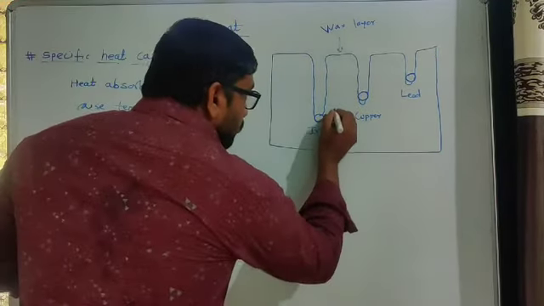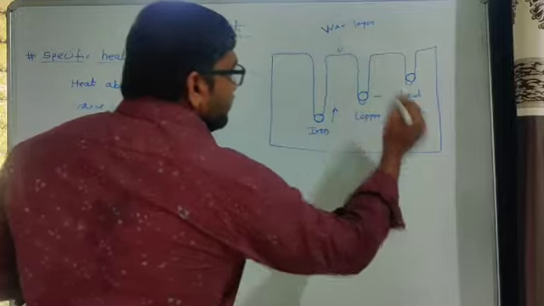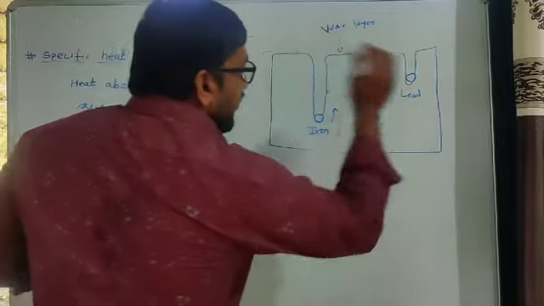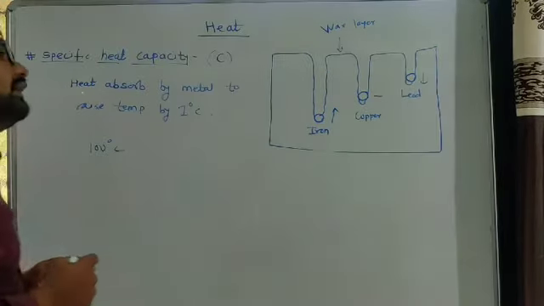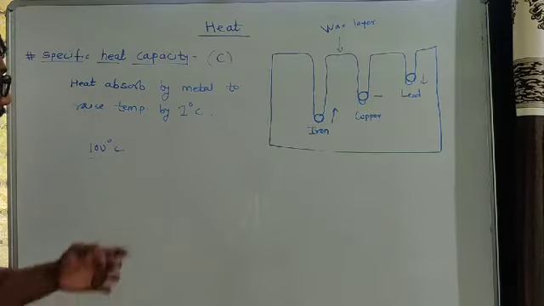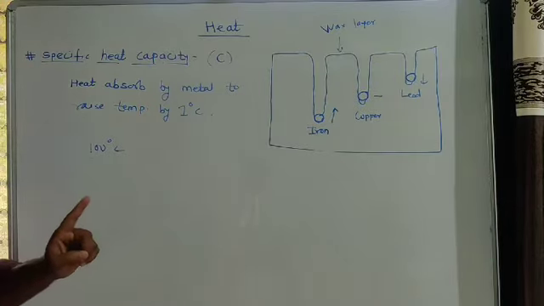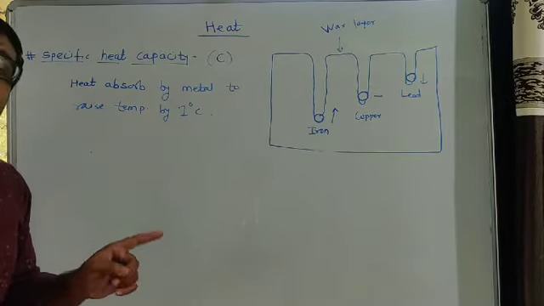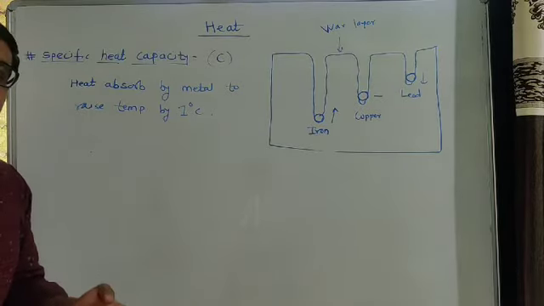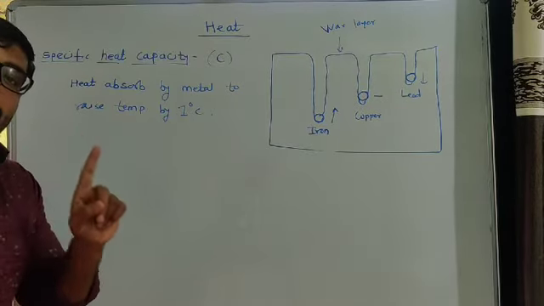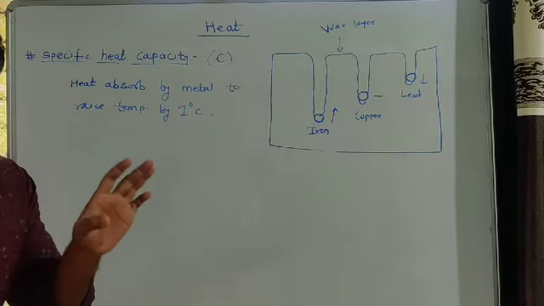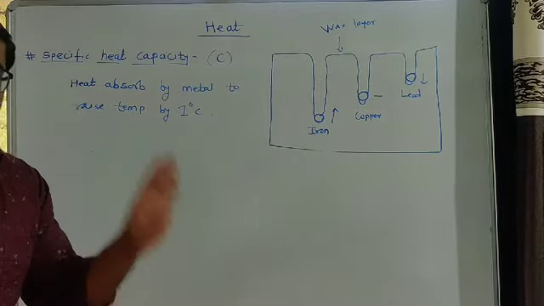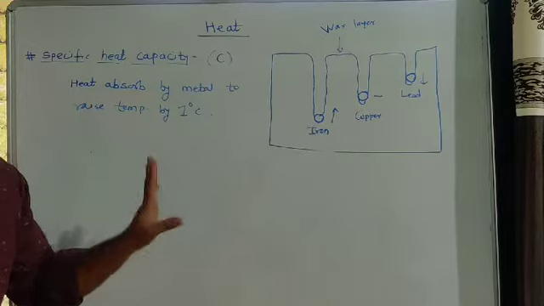Iron absorbs more heat, copper is intermediate, not more than iron and not less than lead, and lead contains minimum heat if their temperatures are the same. This is due to specific heat capacity: the amount of heat required to raise the temperature of a substance by 1 degree Celsius is called the specific heat capacity of that substance, denoted by the letter C.